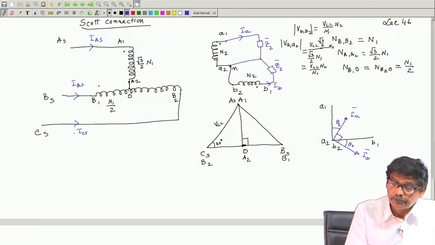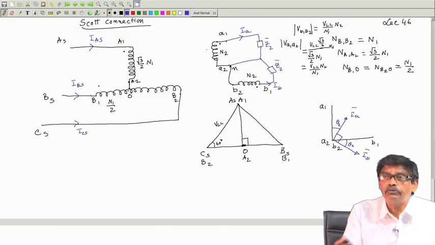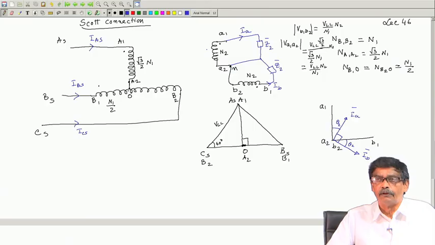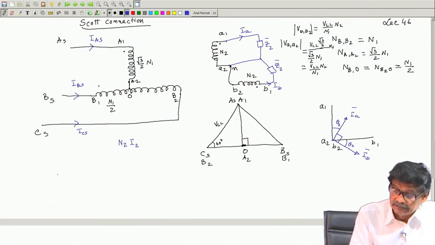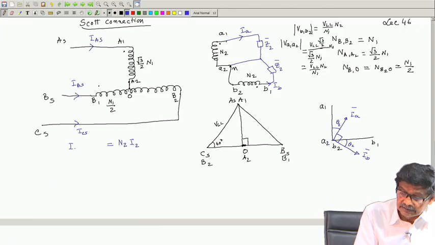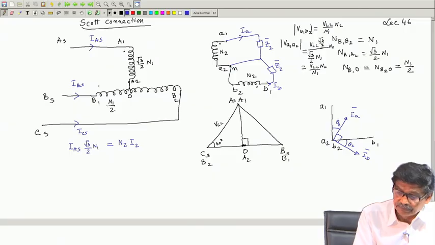To do this, you have to balance the MMF, following the rules of an ideal transformer. The MMF of the secondary, through the dot current is coming out, so that is N 2 into I 2. This must be equal to the primary, through the dot current is drawn in, I A S into its number of turns, root 3 by 2 into n 1.